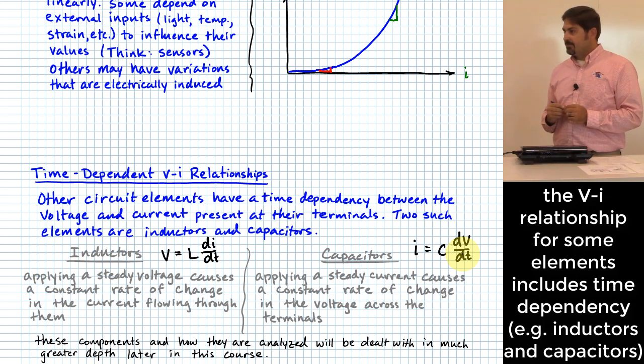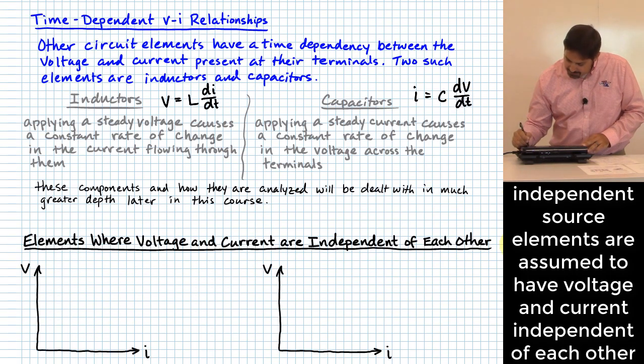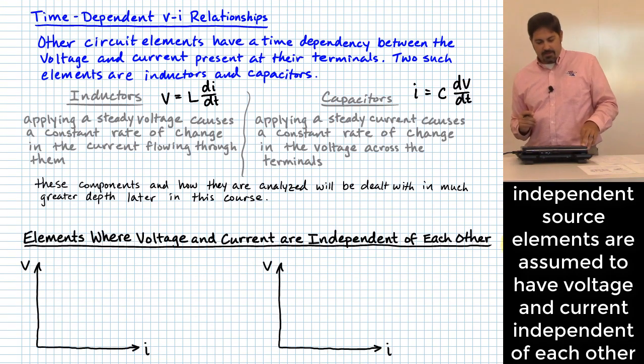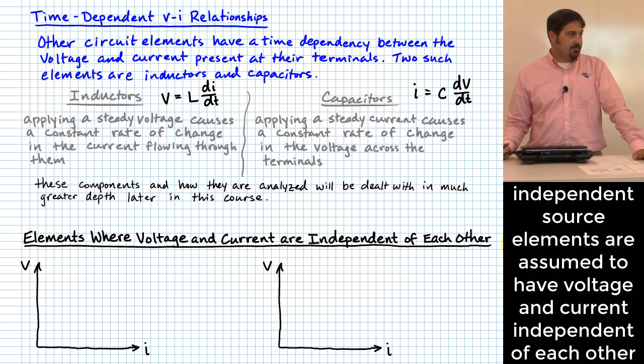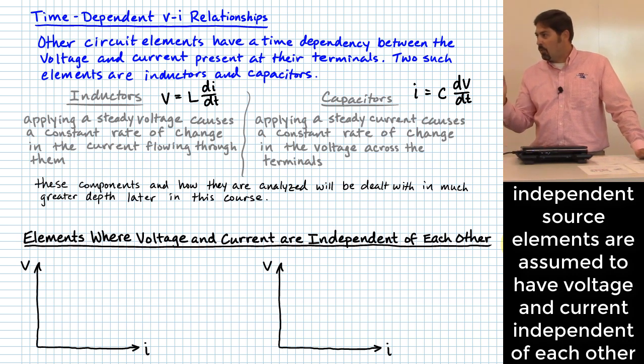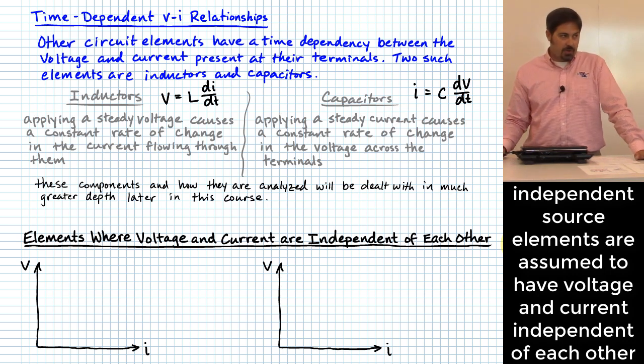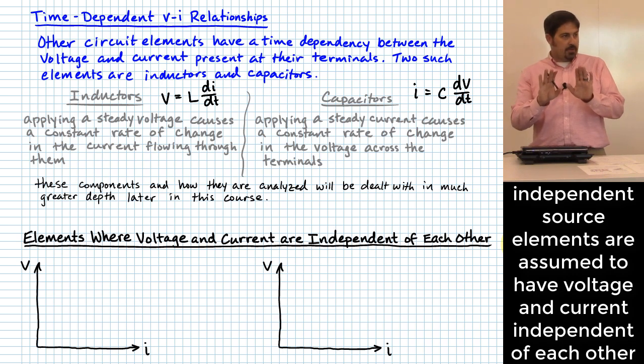All right? Cool. Here's another possibility: elements where voltage and current are actually independent of each other. I would say that is still a relationship. It's just one that's maybe less interesting because one doesn't depend on the other. Have we already looked at elements in here that have an independent status between voltage and current?